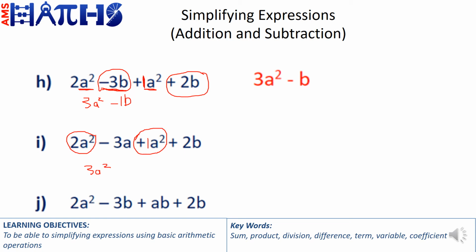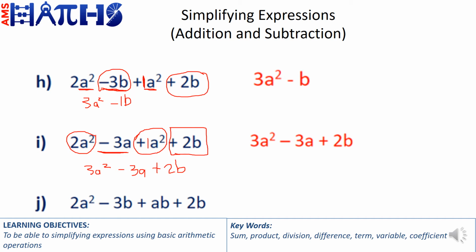Then we have a only. So it's minus 3a, no other a's in the expression. So we write back minus 3a. Then we have our b, and it's a positive 2b. There are no other b's in the expression, so we write back plus 2b. So our answer is 3a squared minus 3a plus 2b.